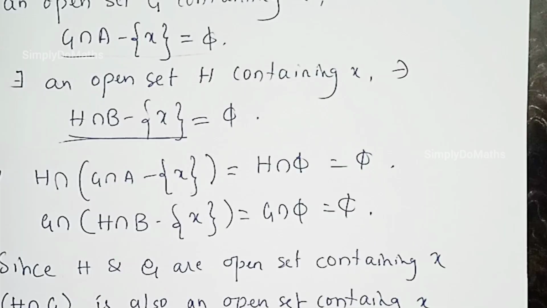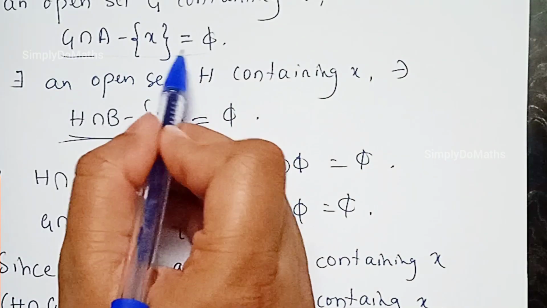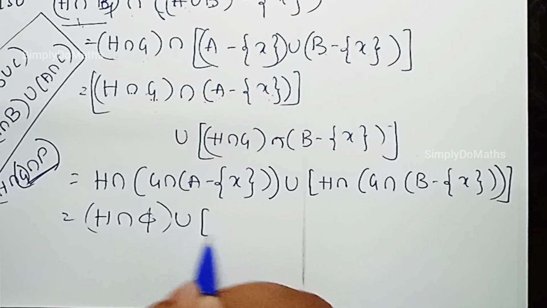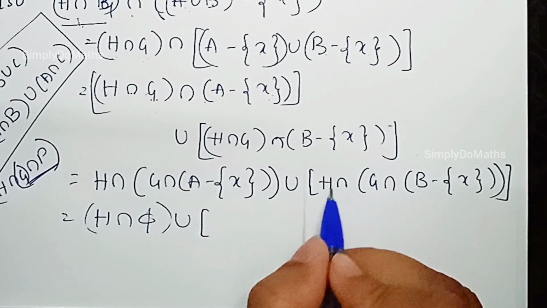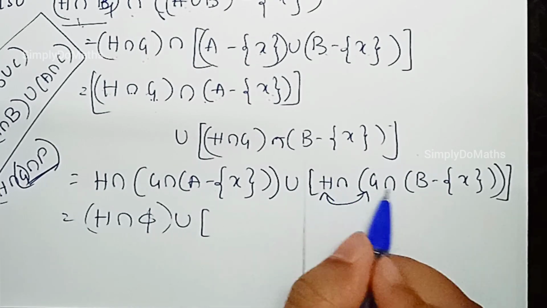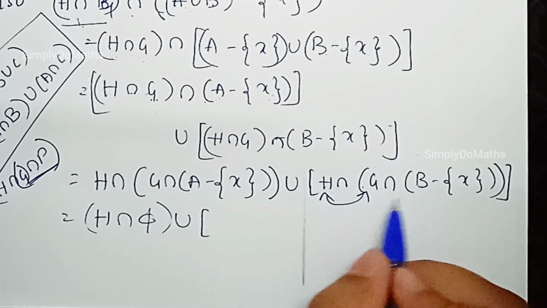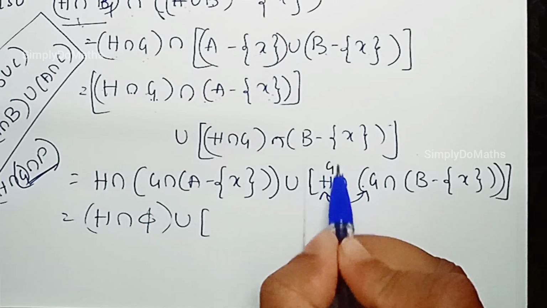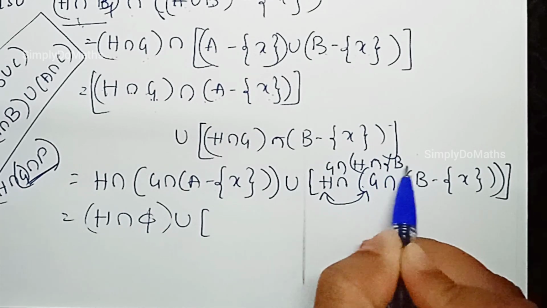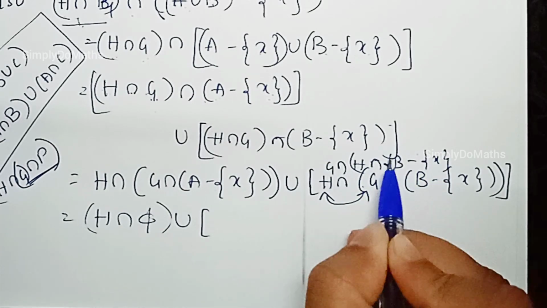H intersection G intersection (A minus singleton set X) is nothing but empty. Union H intersection G. Again, by applying the commutative property we can interchange this to G intersection H. So we are left with G intersection H intersection (B minus singleton set X).